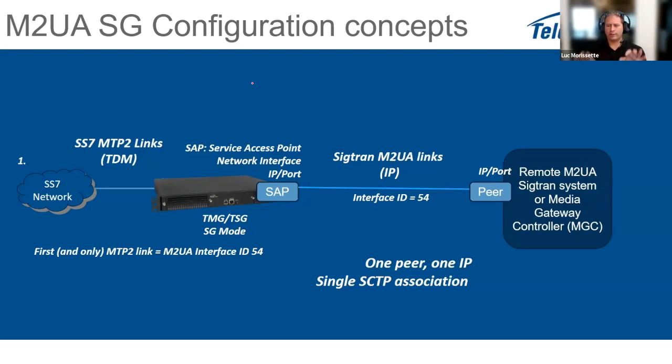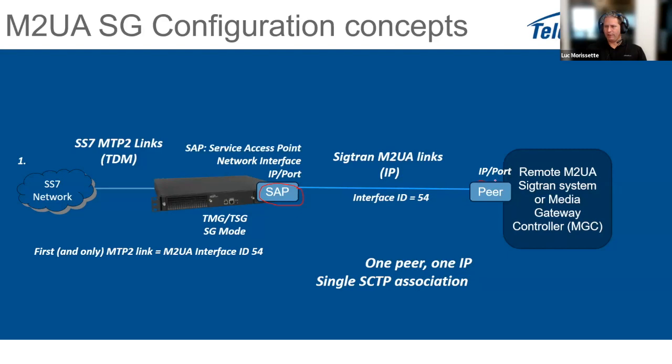So, configuration concepts. If we can dig just a bit deeper into how we configure those systems, you have here on the left side your MTP2 links, and you have your devices, which could be in a signaling gateway mode, a TMG or a TSG device. To allow configuration of M2UA, you need to specify from which interface you want to send the traffic and your local IP and port.